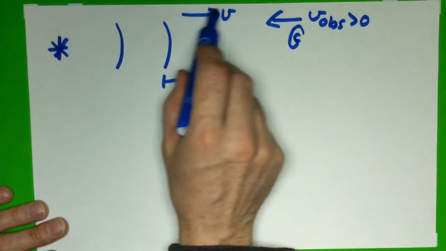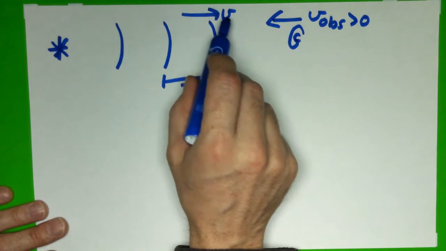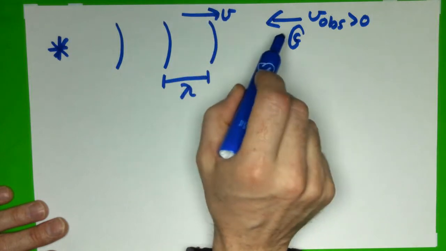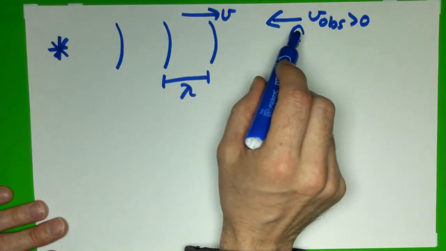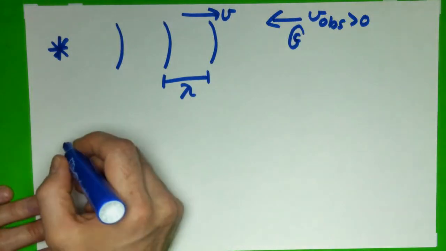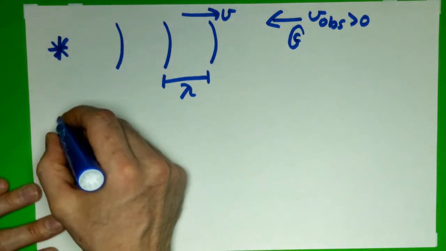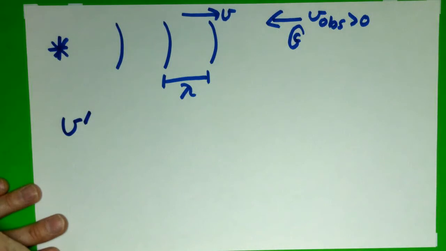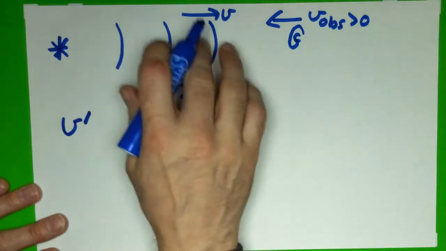I have a relative speed between these wave fronts moving and my ear, based on the fact that my velocity is moving into it. And so we say, well, what's the perceived velocity? What velocity do I perceive these coming?